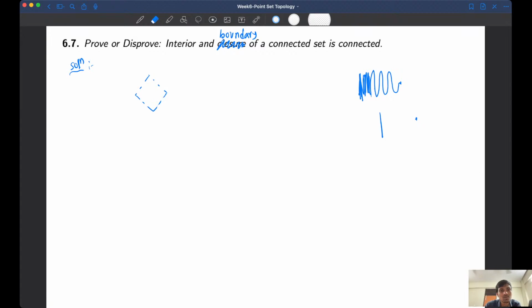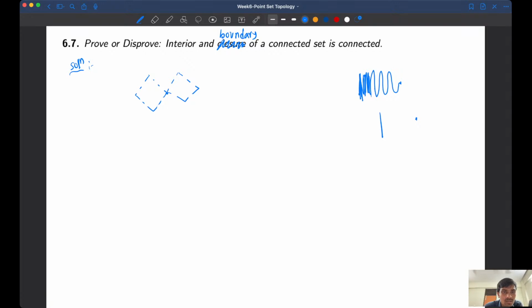Only this corner point is there, and here also the same thing. The boundary is not there, but only this point. So they are only connected through this point.